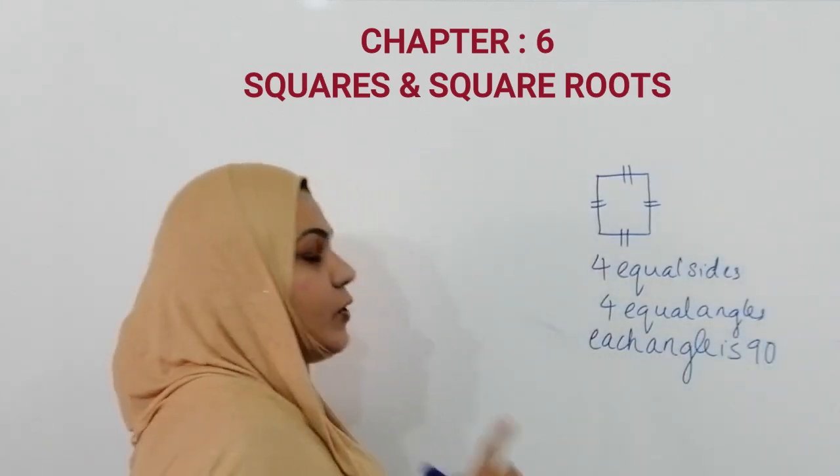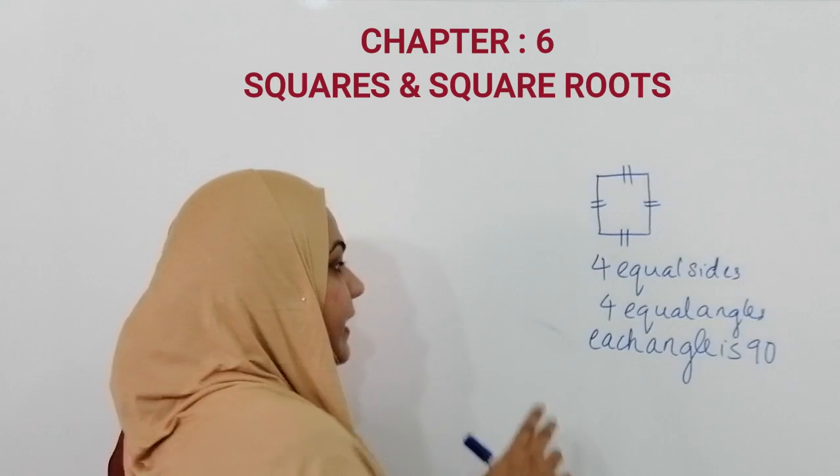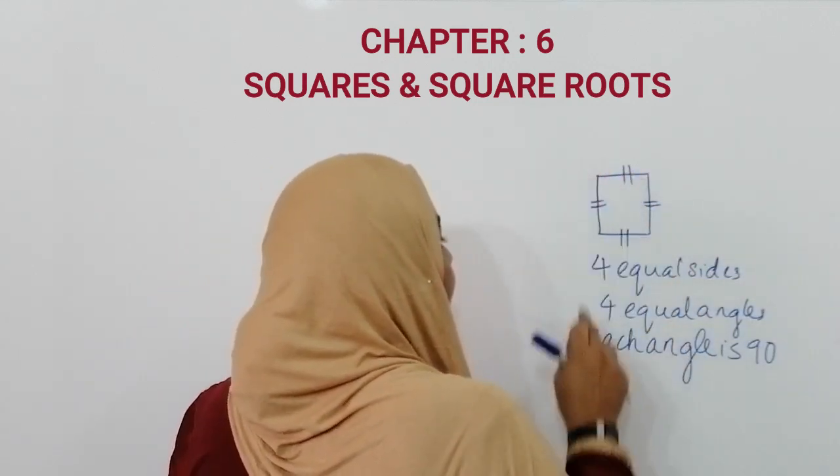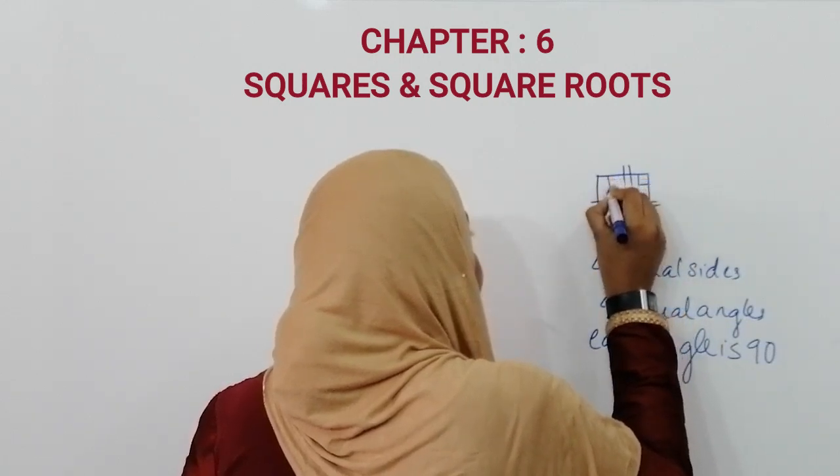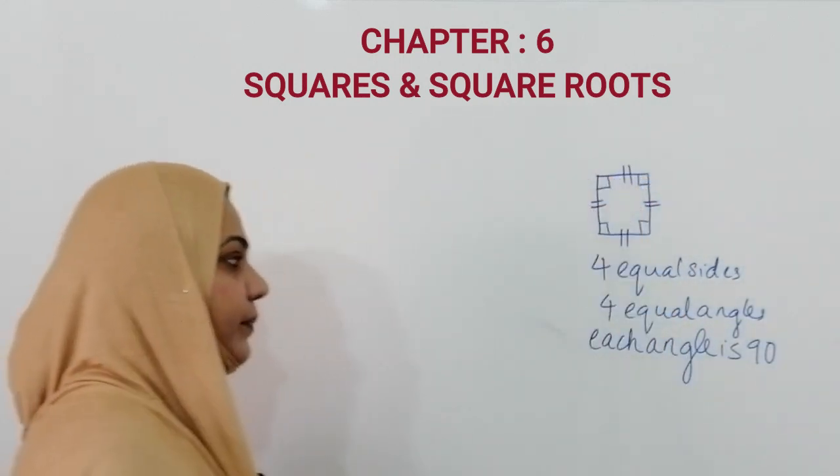So you know that a square is a two-dimensional figure. It has 4 equal sides, 4 equal angles. Each angle is 90 degrees.